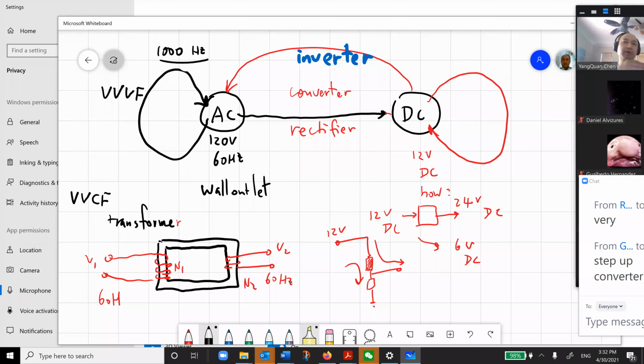But we probably don't need a 100 watt. We need to change the watt. We will be able to change the magnitude. We'll be able to change the frequency, VVF. Okay, so this is also very useful in industry.